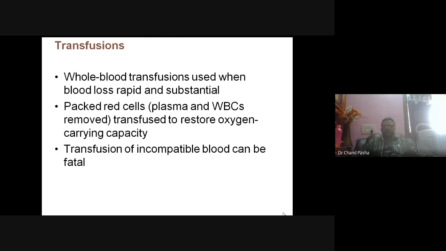If oxygen carrying capacity is reduced, packed red cells are given. In some cases platelets are given if a viral disease is there. In some cases all blood is transfused, and in some cases you give only the components that are required to tackle the situation.